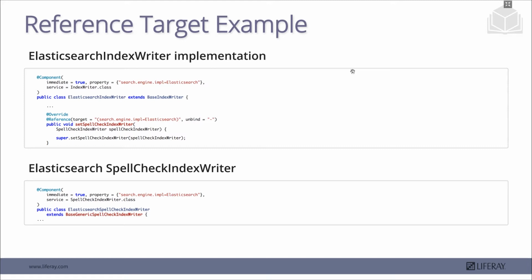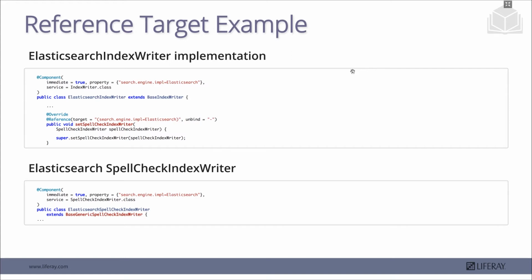We can set properties however we want. It can just be a random string, or random text. In this situation, we see the property down at the bottom, search.engine.impl=Elasticsearch. So this bottom component is implementing the spell check index writer.